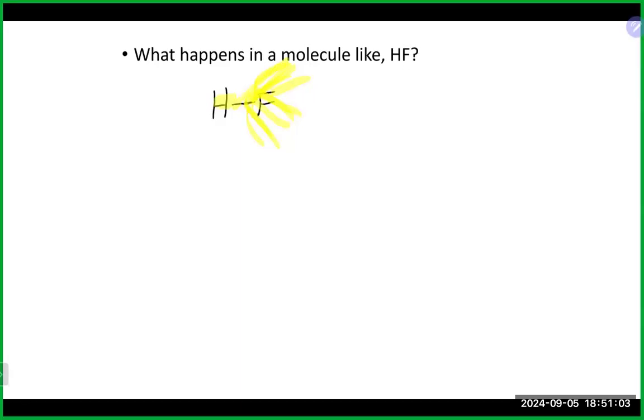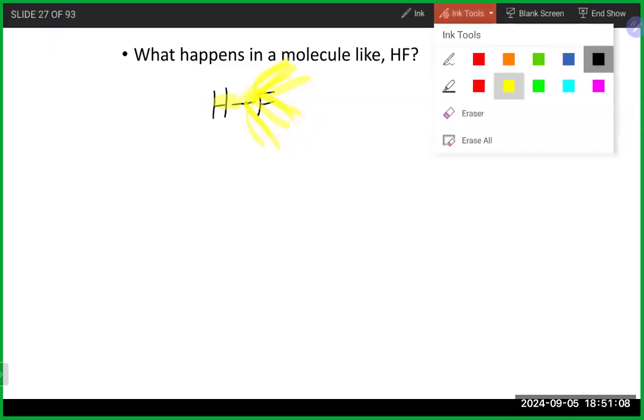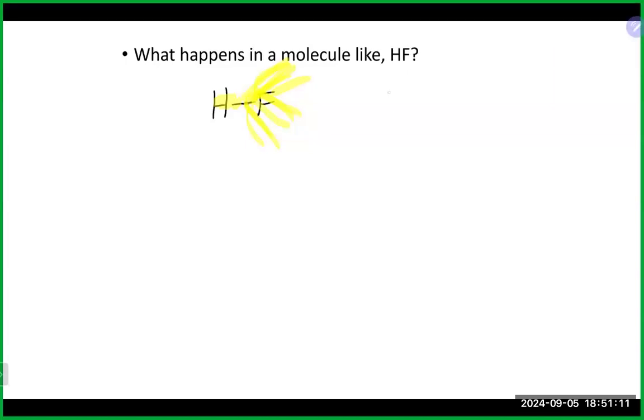Now, the consequence of this when we look at this bond between H and F: if all of the electrons head towards the fluorine, will the fluorine be more positive or more negative? Or will it still be neutral if all the electrons decide to vacation near the fluorine? If all the negatively charged electrons vacation near the fluorine, it is actually going to pick up what is referred to as a delta negative, or a partially negative charge.